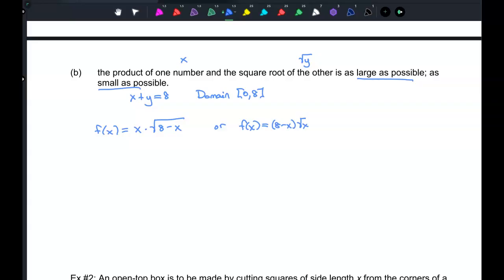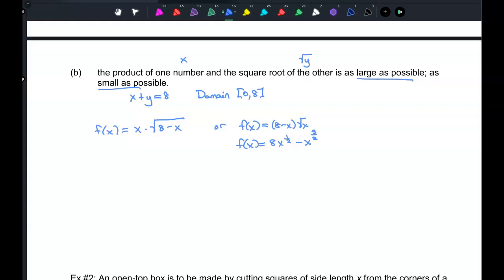Now, which one looks easier to solve for? The last one. This one looks easier to solve because I can distribute. When I do the derivative, think of the square root as x to the 1/2.